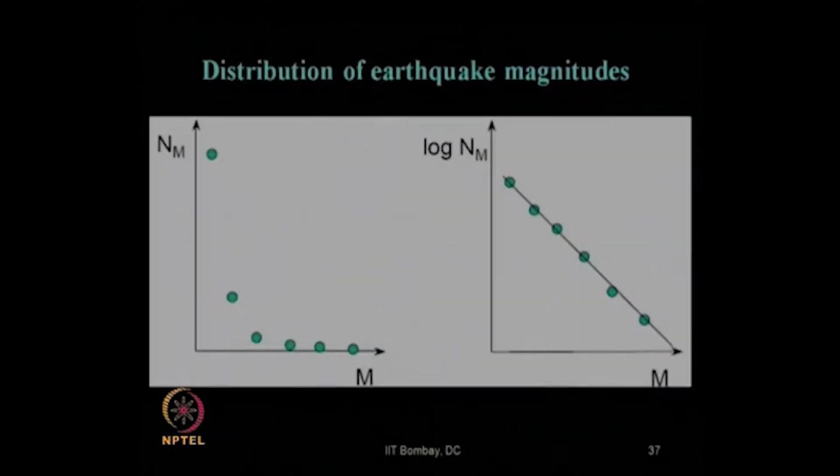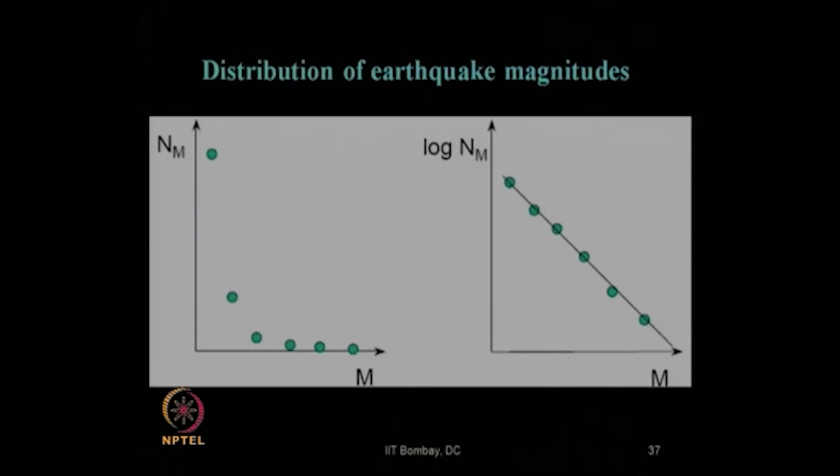Now, once you know how many earthquakes occurred and what their magnitudes were, you can easily plot them like this. The y axis is the number of occurrences of earthquakes and m is the magnitude of the earthquake. Say you are interested in earthquakes of magnitude more than 4.